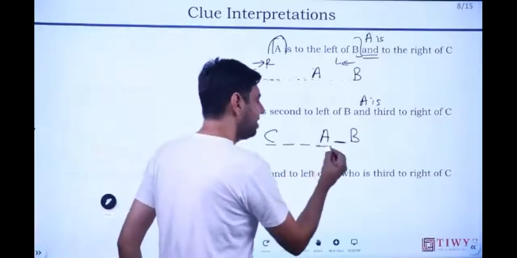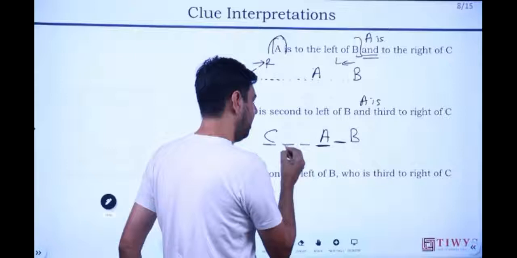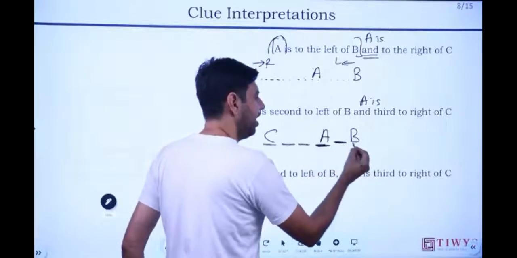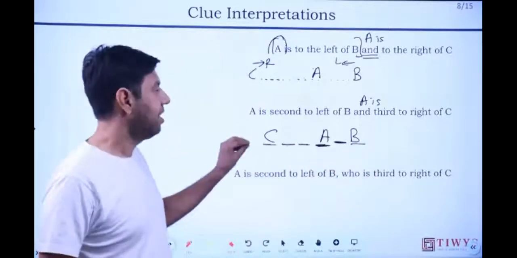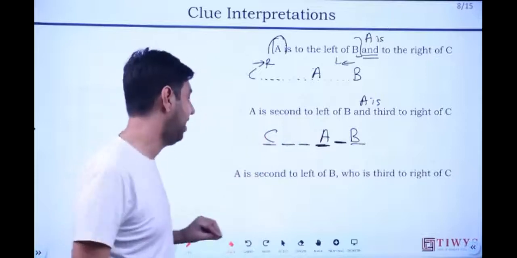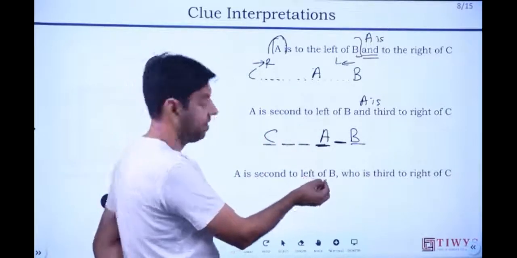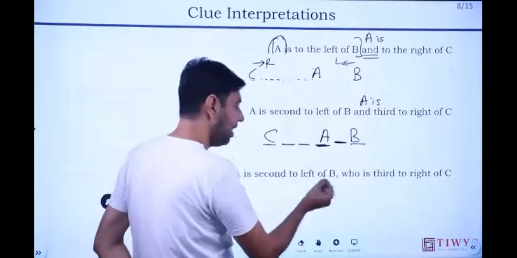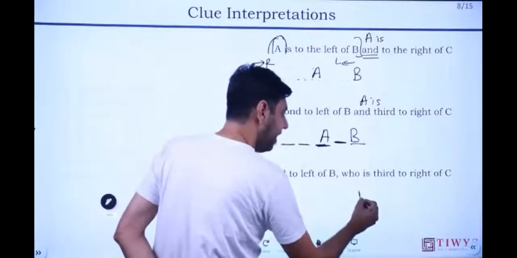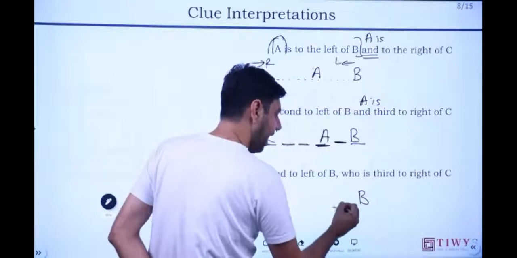Third to the right doesn't mean there are 3 people in between. Is that okay? That same errors that we have done earlier. So here the order is specified, and pay attention to this because this error happens for those who are weak in English. A is second to the left of B, B hai 1 2, A is second.